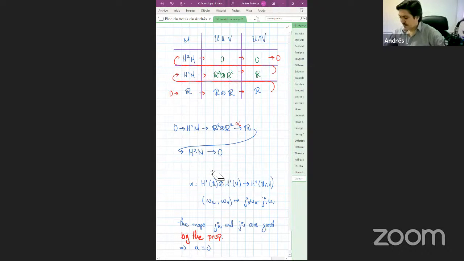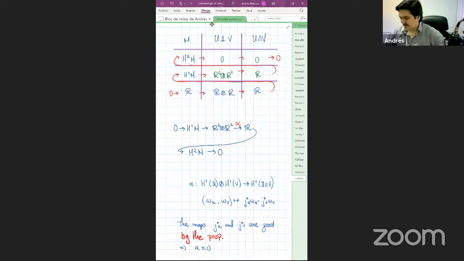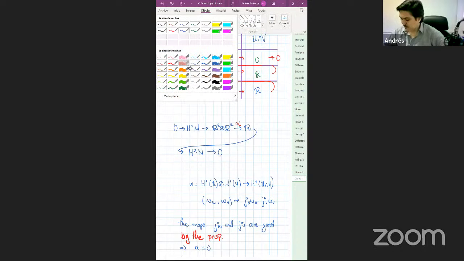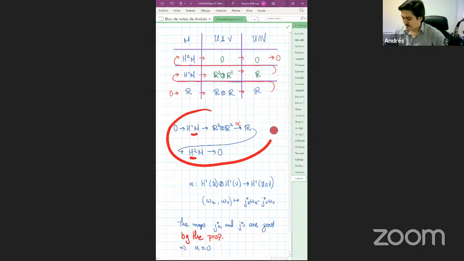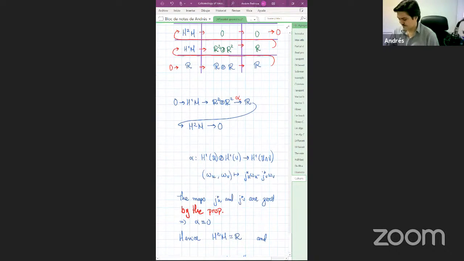So again, what happens is that this exact sequence that has two vector spaces that I don't know, I can split it because this map is 0. I have 0, R, H2, and 0.